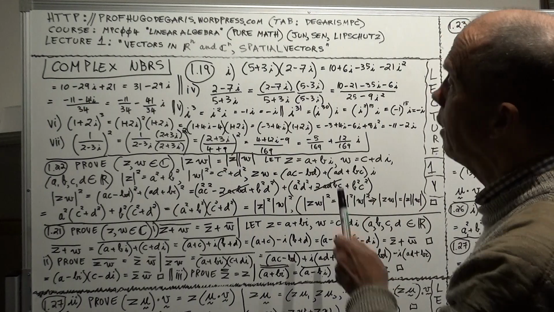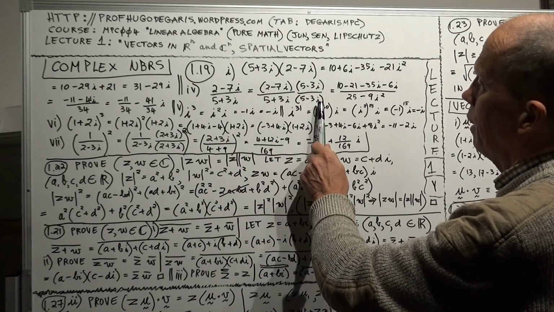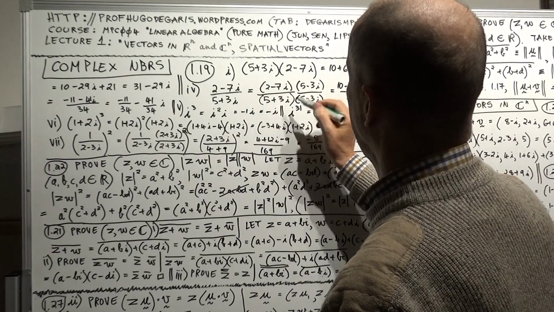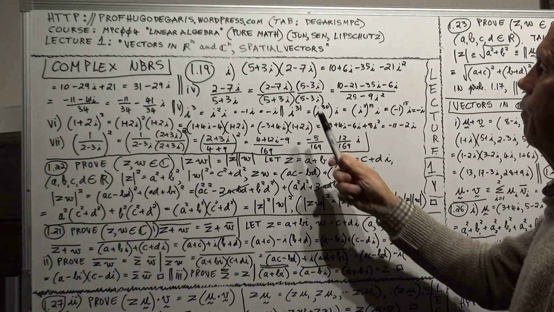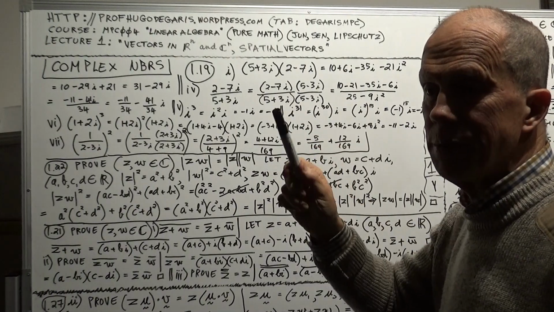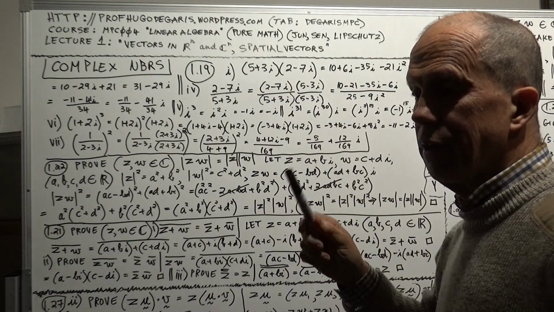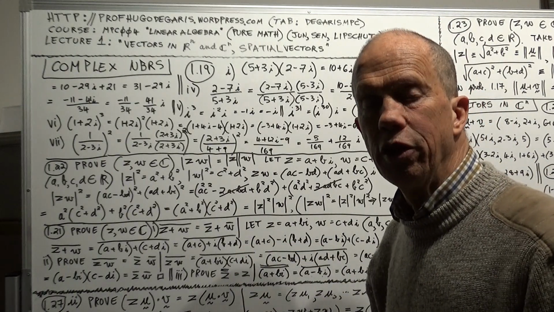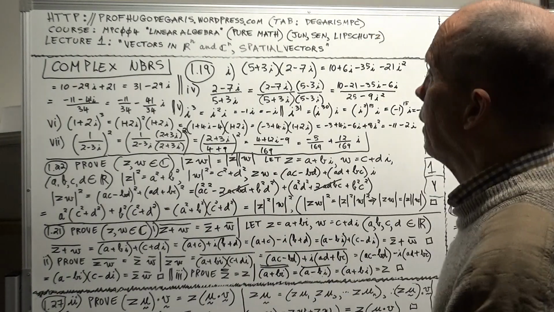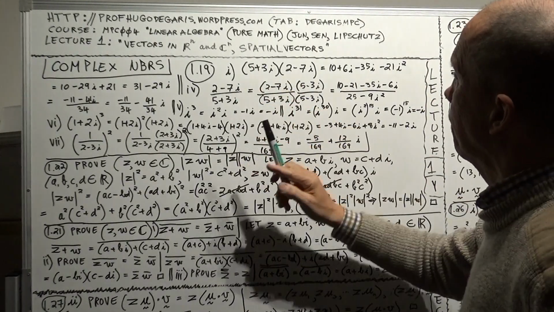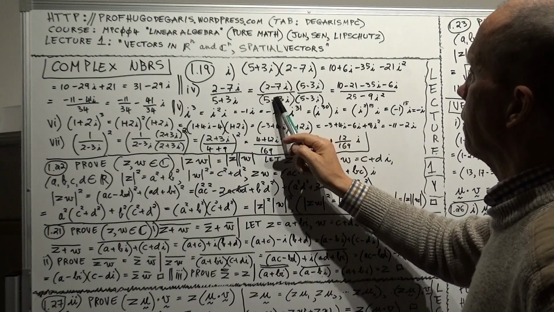And why do you do that? Because when you multiply z by its conjugate, so z times z conjugate, the complex terms drop out. They're zero, and you're just left with reals, and that simplifies things. So let's calculate the denominator.